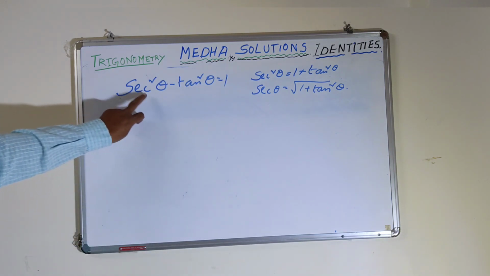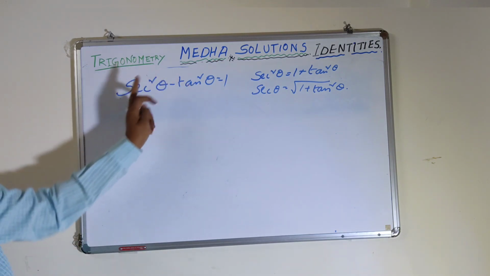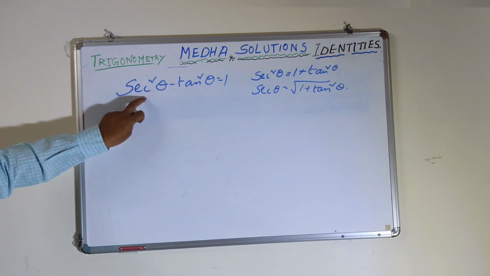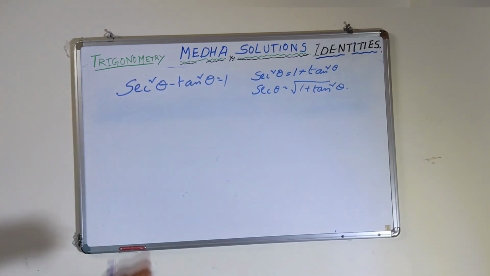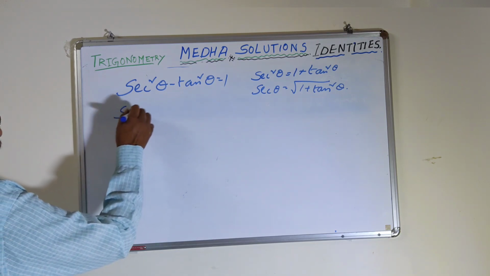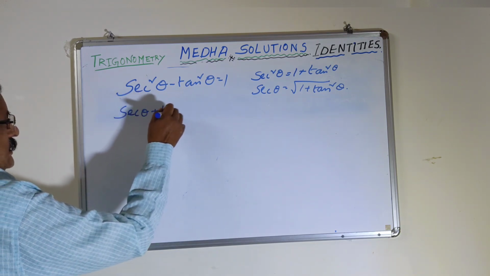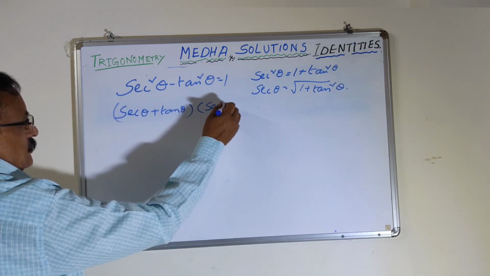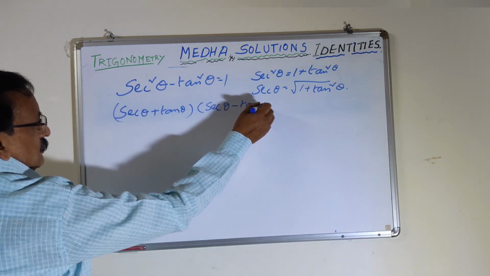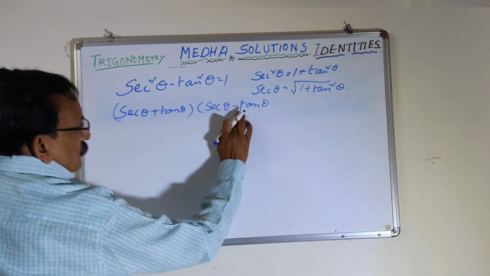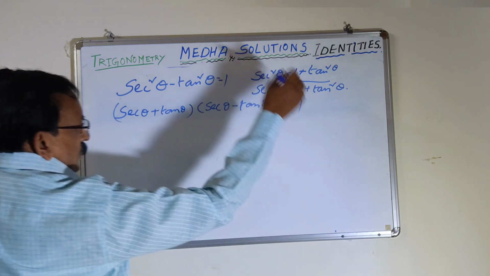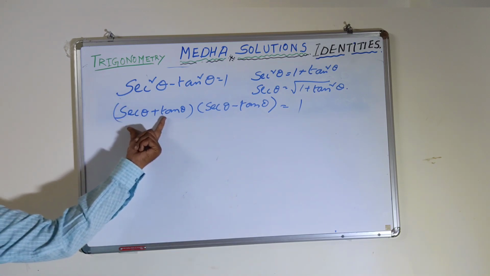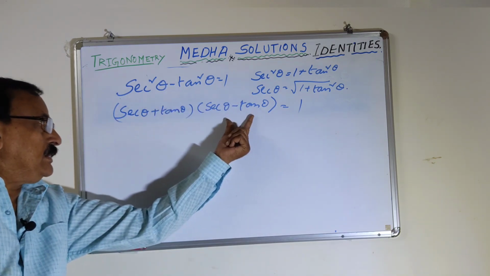And then here, directly it is a square minus b square is equal to 1, so a plus b into a minus b: sec theta plus tan theta into sec theta minus tan theta is equal to 1. Now if you know this value you can find out this.